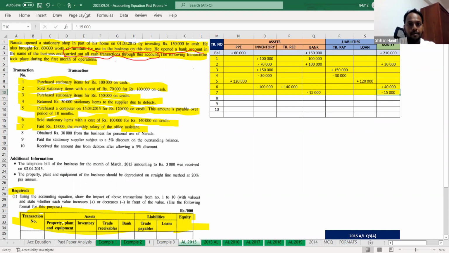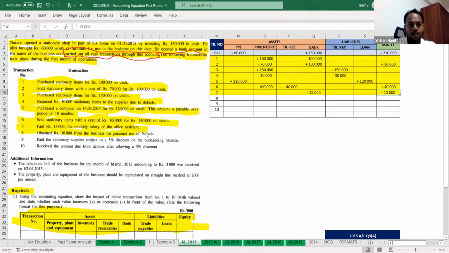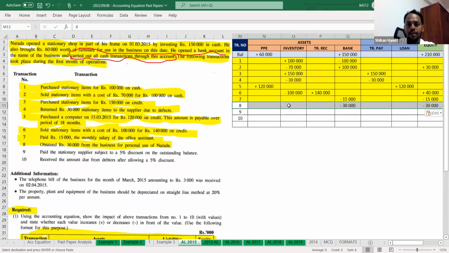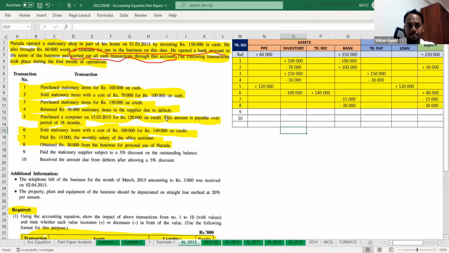Number 8. Obtained 30,000 from the business for personal use of Narada. Personal use means it is drawings. If we withdraw money from the business for his personal use, the equity will reduce.